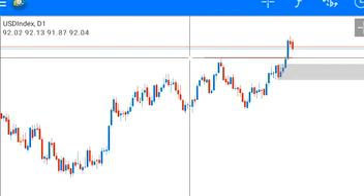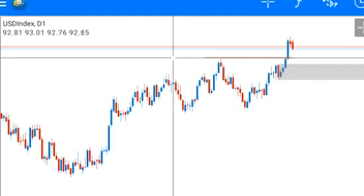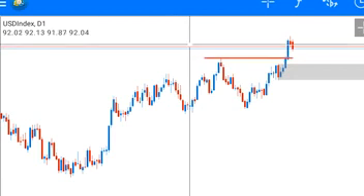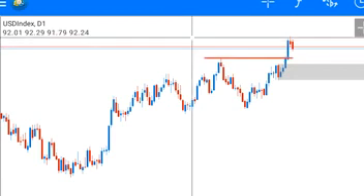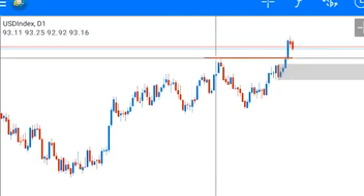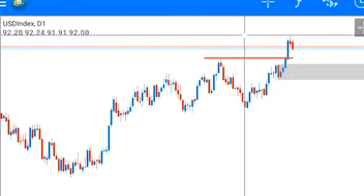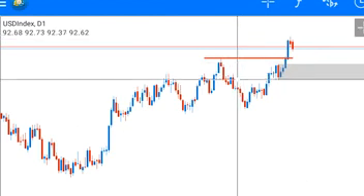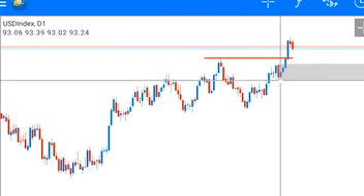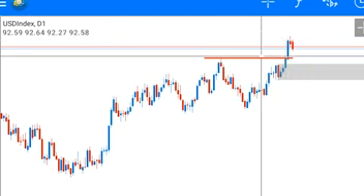And last week, the last swing high was broken. Price created a new higher high. This is our break of structure here. This is our swing high, and this is our swing low. It's our swing low, our swing high, break of structure.